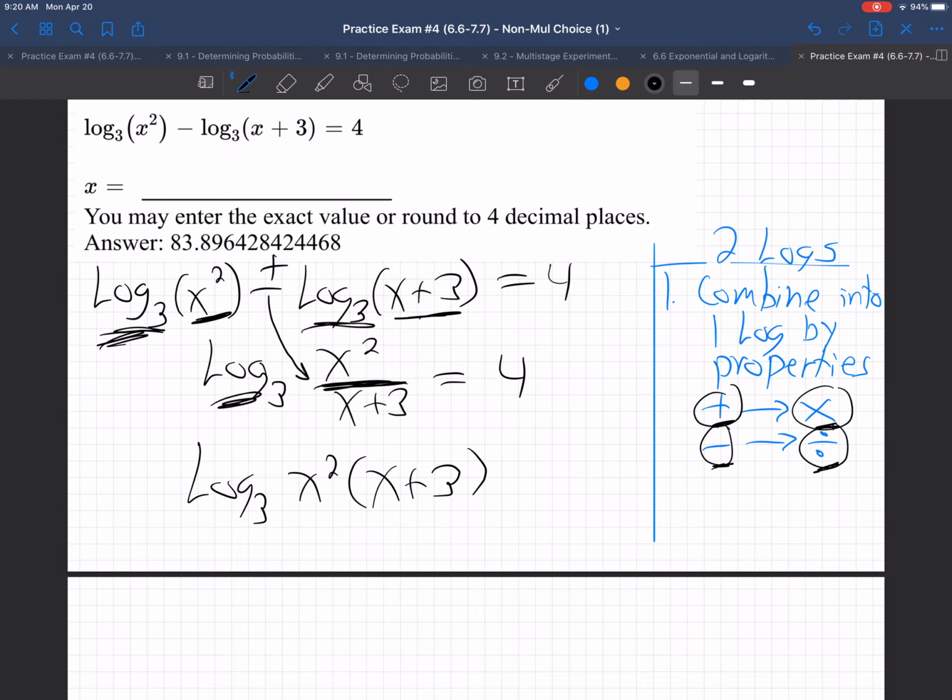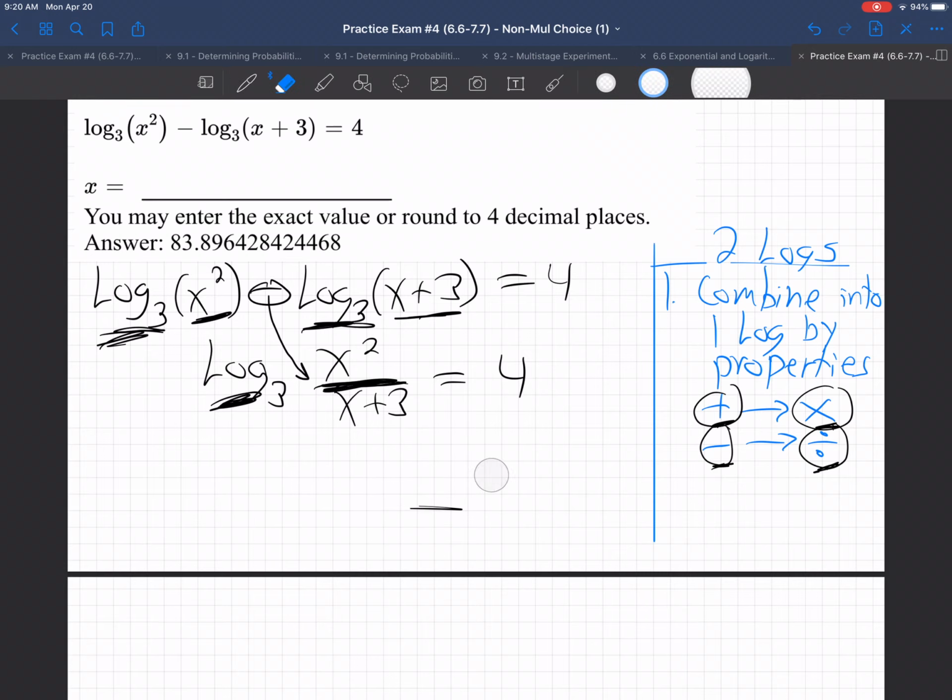It went from 2 logs to 1 log, and the operation got harder because it's a harder job for one person. That's my analogy to help you remember the way it works. So for 1 log, it's dividing when it was subtraction. If it had been adding, then it would have been multiplying. Still a harder job for 1 log. Okay, so that's step 1.